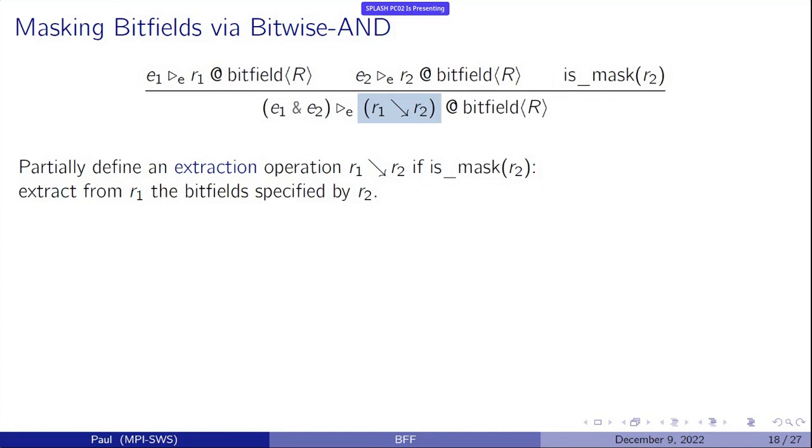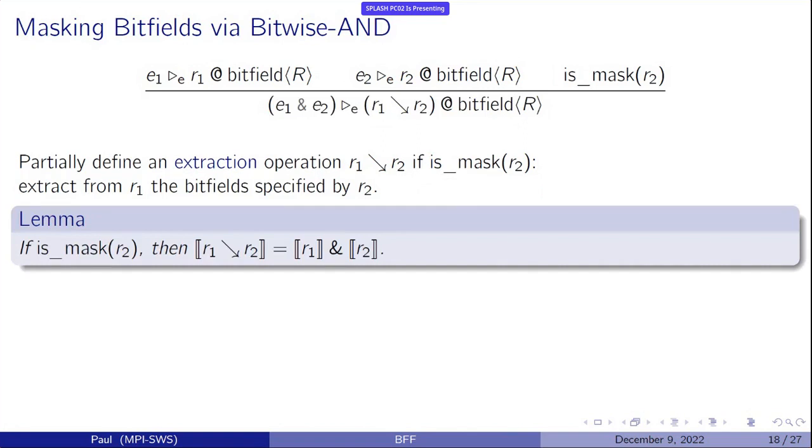So this operation is only applied when this premise holds. We are defining this extraction under the condition that R2 is a mask. Once you realize this, the definition is rather simple. Because R2 is a bit mask, we can simply extract from R1 all the bitfields that are specified by R2. Then we can show a lemma that this definition of the extraction operation is semantically consistent with the usual definition of bitwise AND.